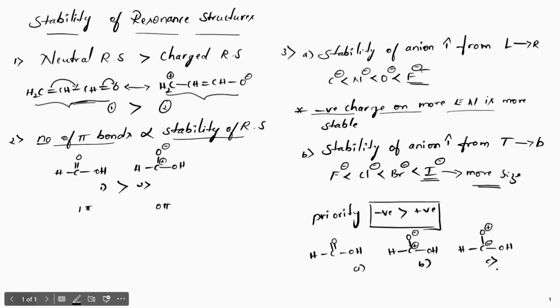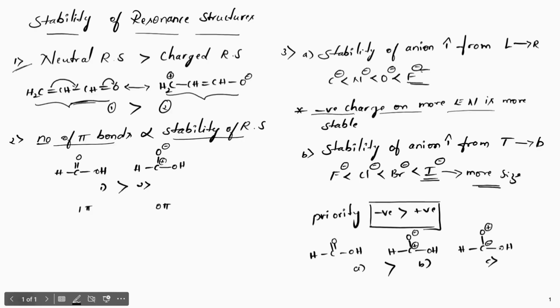Among these three, which is the most stable resonance structure? We have discussed the first rule: neutral species are more stable than charged resonance species. Therefore, A is more stable because it is neutral. Coming to the second rule, how many pi bonds are there in B and C?